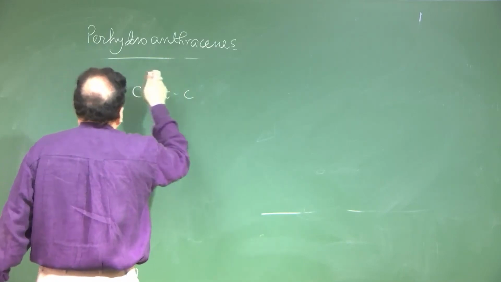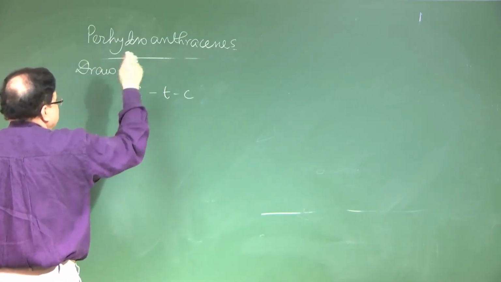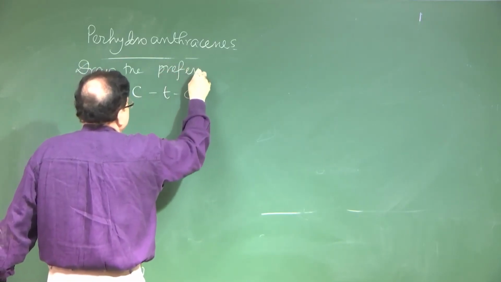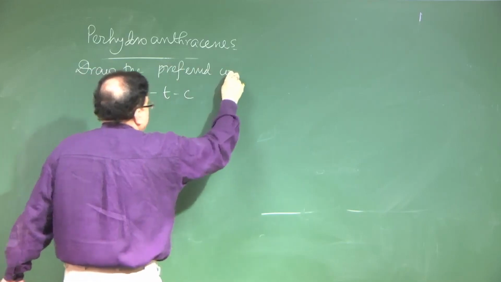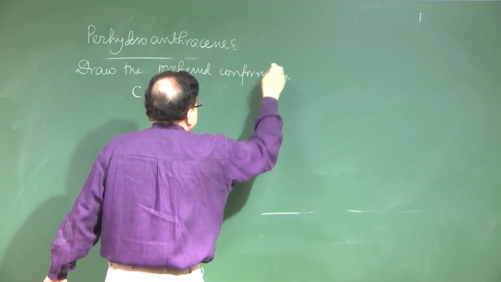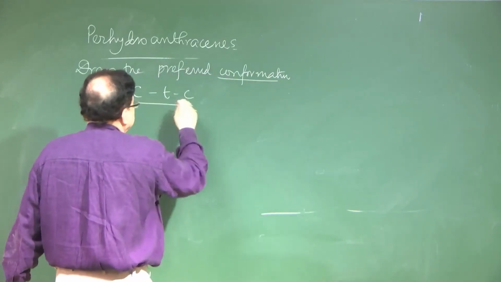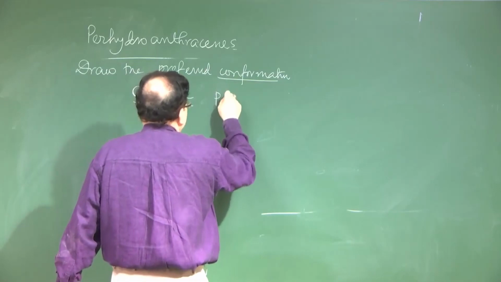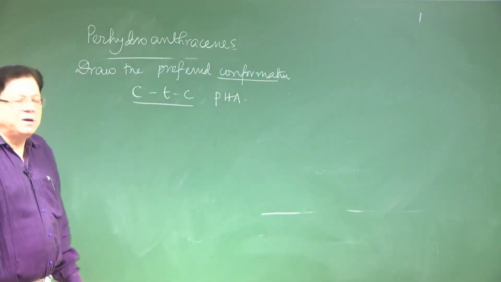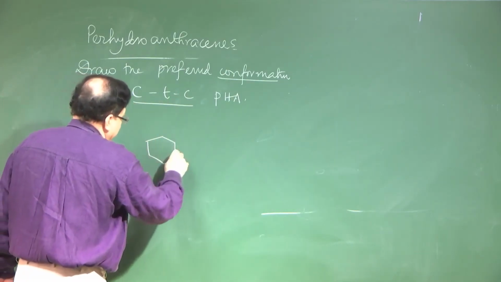So, the question is: draw the preferred conformation of the CTC form of perhydroanthracene.